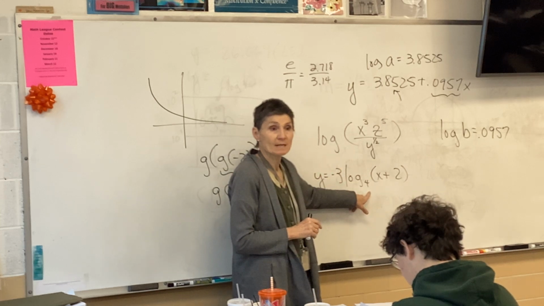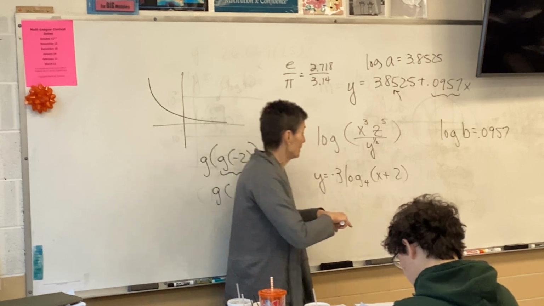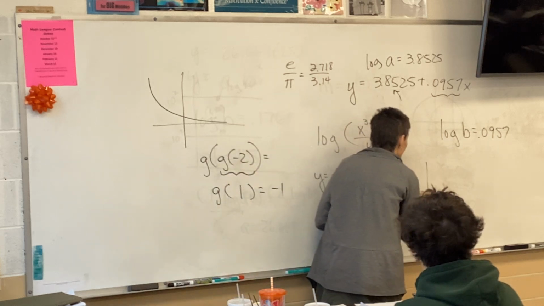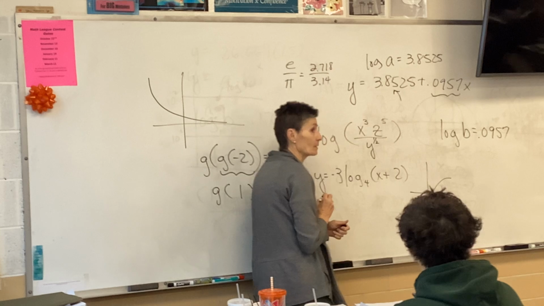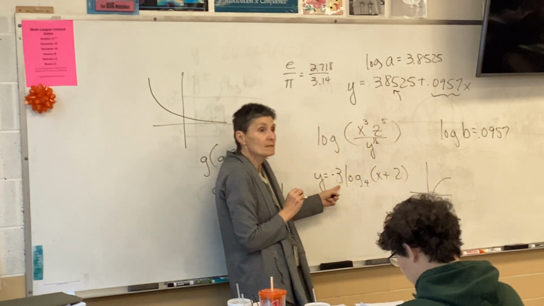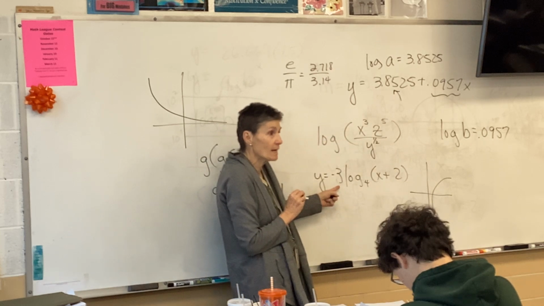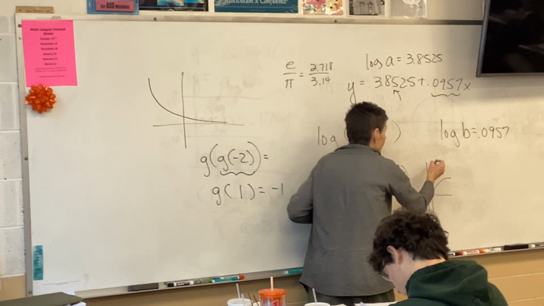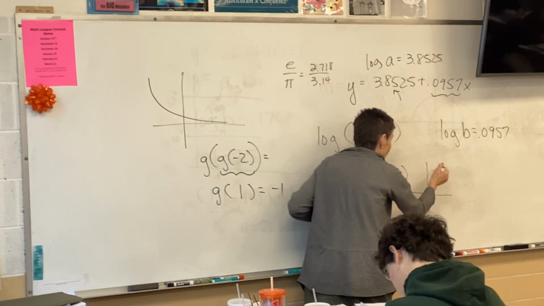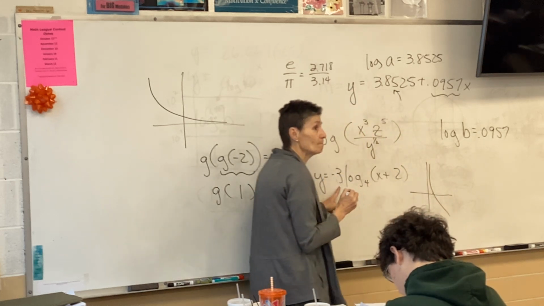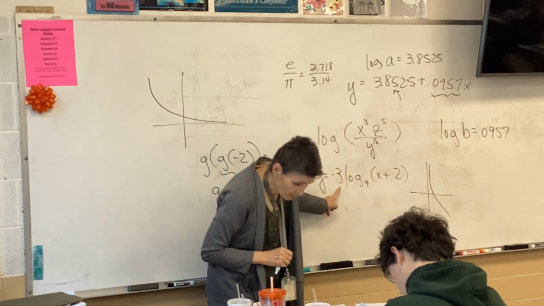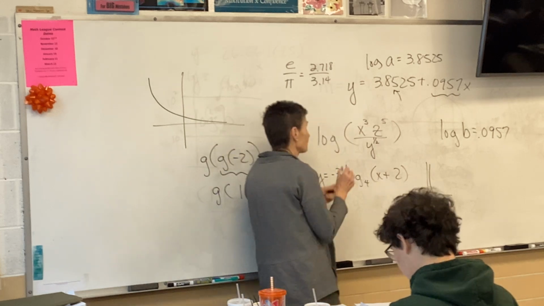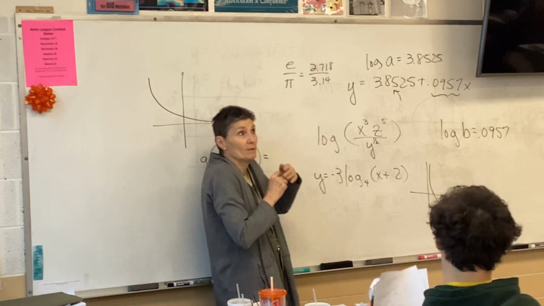So that means it's a regular logarithm, which means it looks like this. But because of the coefficient out here, the negative, we're turning it upside down. Is that okay with everybody? So what are we answering? Describe the end behavior. We'll pick up here tomorrow.